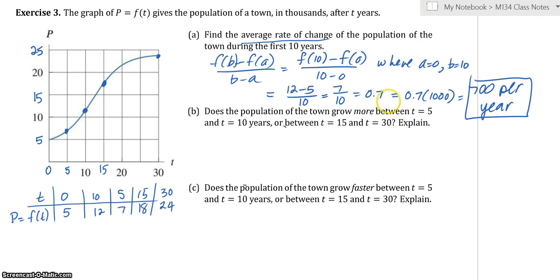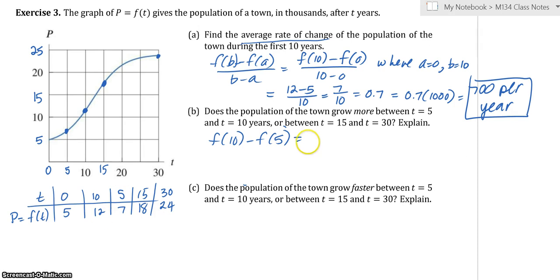So if I want to know how much it grew, what is the population at 10? We know it's 12,000. I'm going to subtract the 5,000 from that. Not going to look at a rate. They're not asking for a rate. They're just saying, how much is the change in population between 10 and 5?